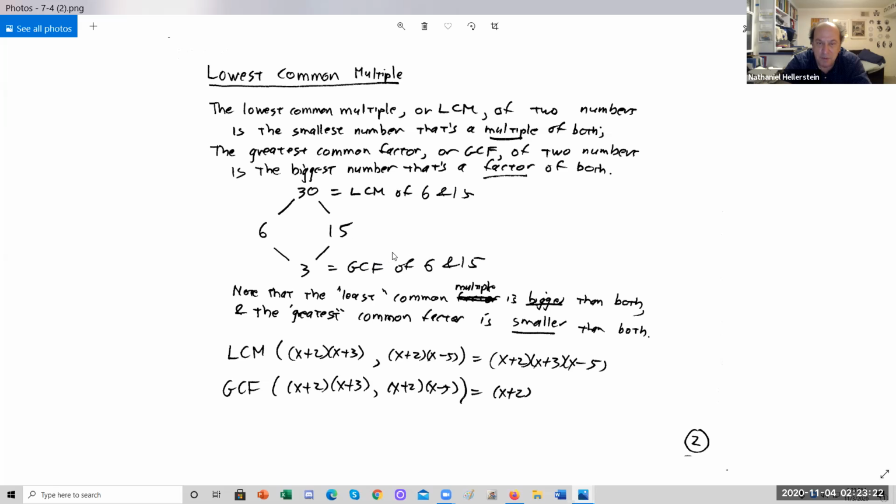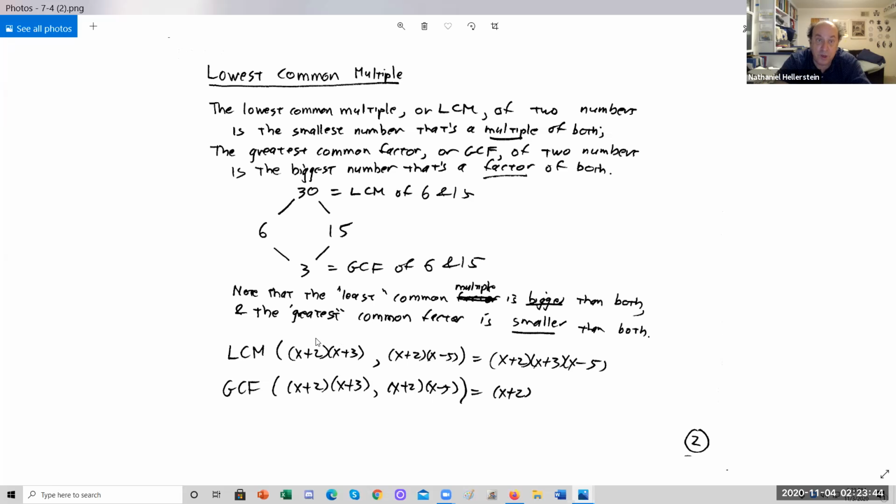And so GCF. People get them confused. They think LCM, oh, it must be 3. And GCF, oh, it must be the 30. No, it's the other way around. It's common multiple and common factor. So the least common multiple is bigger than both, and the greatest common factor is smaller than both. Please don't get them confused.